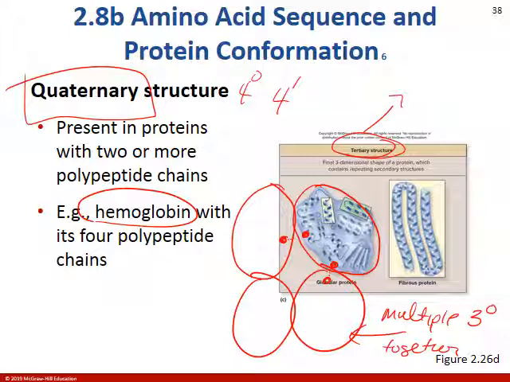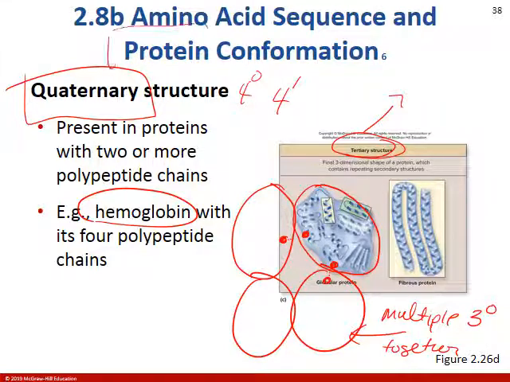Skin. So it's important to understand how these are all stacked together. If you have a quaternary structure, it's multiple tertiary structures joined together. If you have a tertiary structure, it's multiple primary and secondary structures. If you have a secondary structure, you're going to have an alpha helix or a beta sheet. And if you're a primary structure, it's just beads on a string.